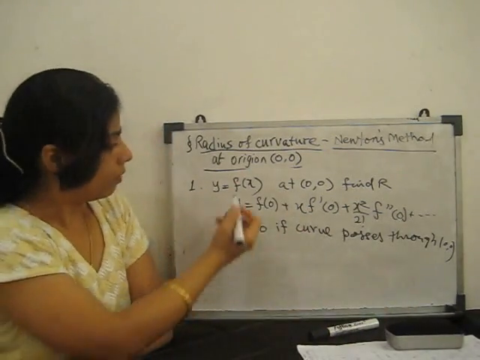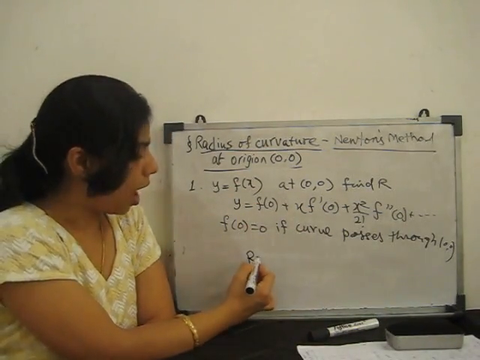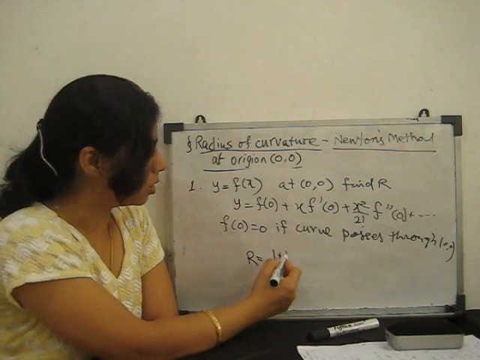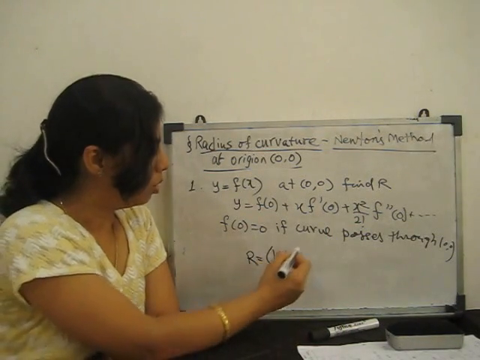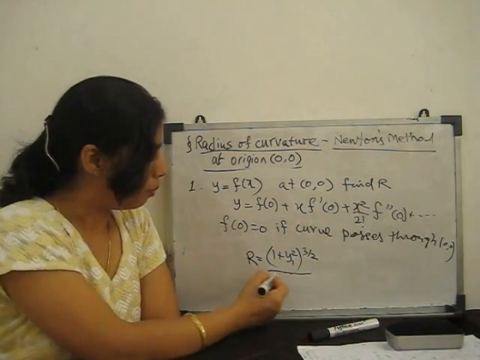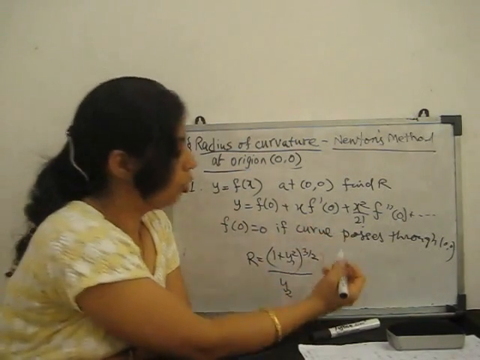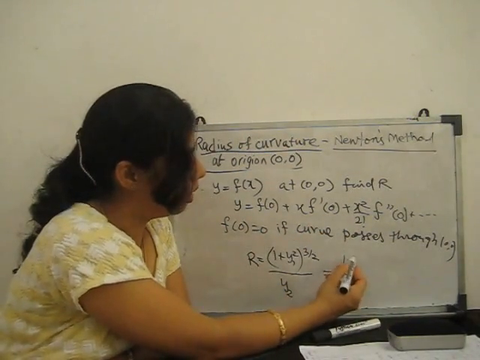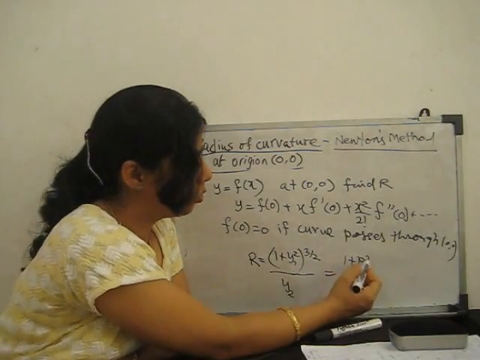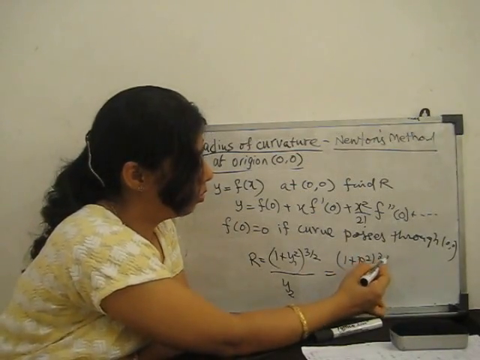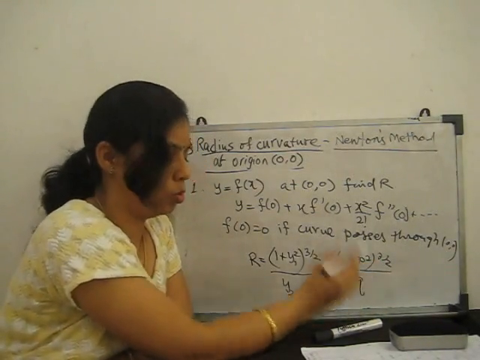So our radius of curvature under this condition, r, is equal to (1 plus y1 square) to the power 3 by 2 upon y2. Clear? So what are y1 and y2? (1 plus p square) to the power 3 by 2 upon q only.